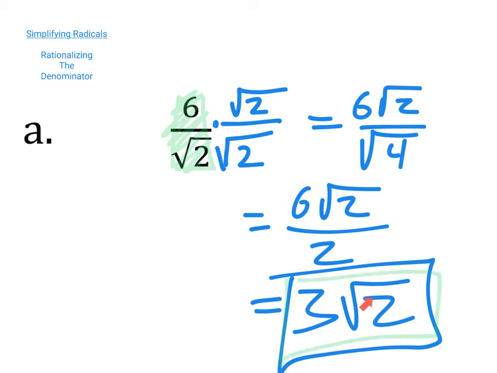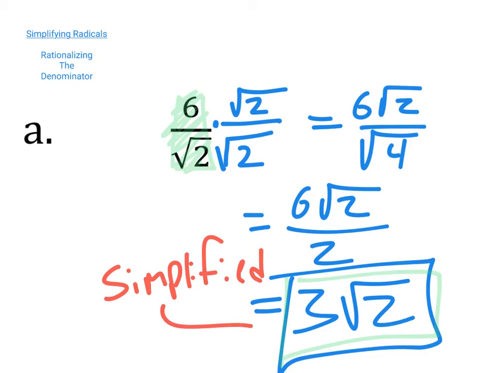And so this is what we call simplified form, because we'd rather have things multiplied than a fraction, right? So this is simplified right here. So that's how we made the denominator, well, in this case, the denominator completely went away.